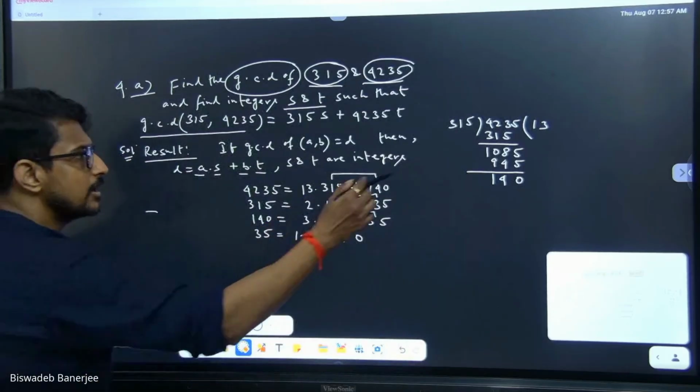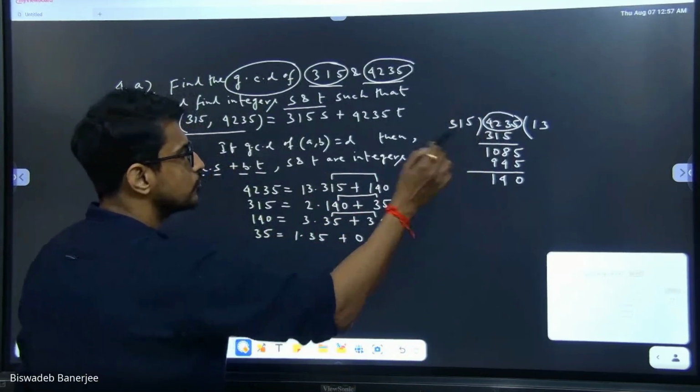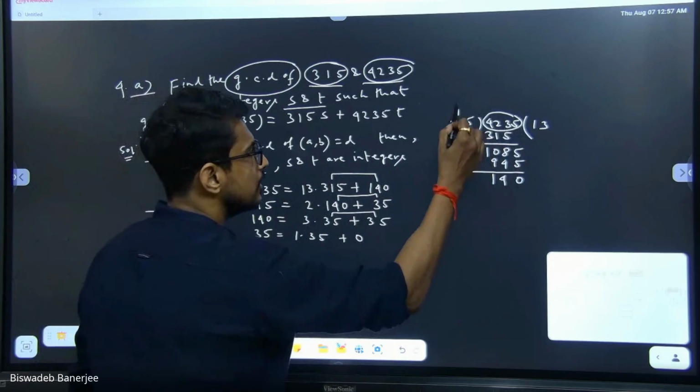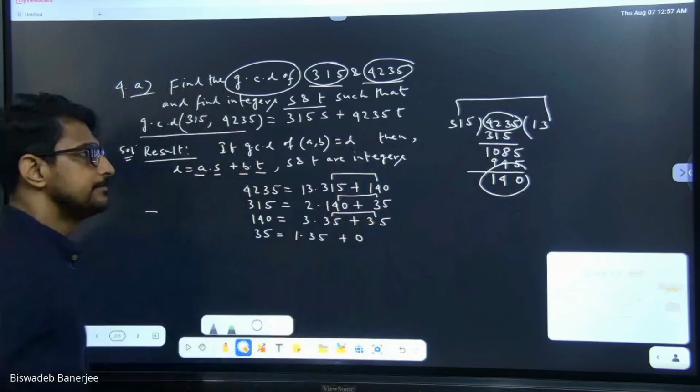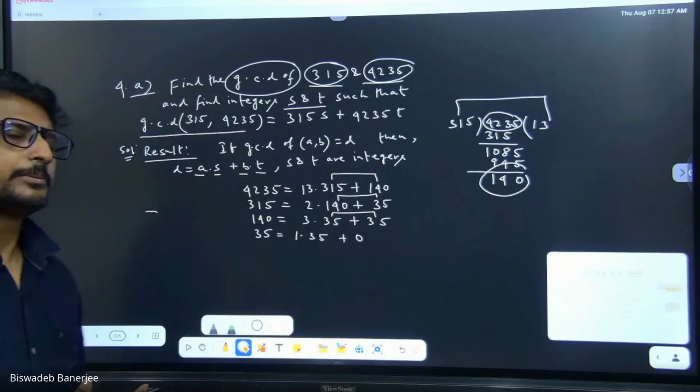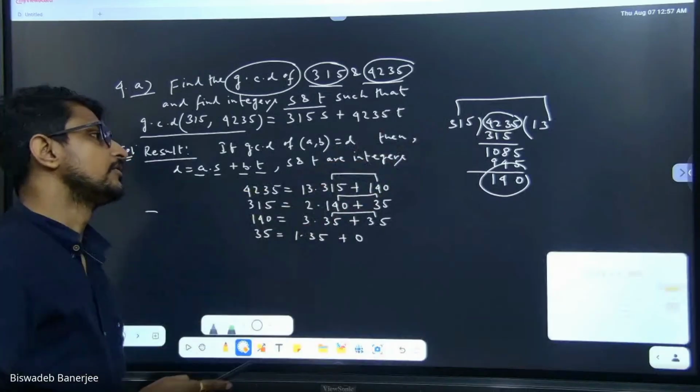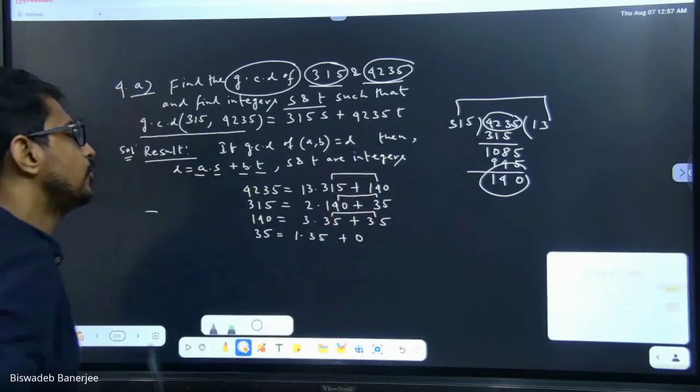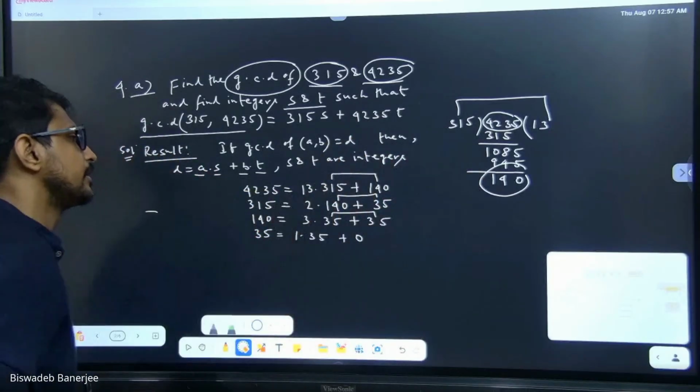That means we can write 4235 equal to 13 into 315 plus 140. This is the basic division rule. We can write 4235 like this, 13 into 315 plus 140, as we have written here.